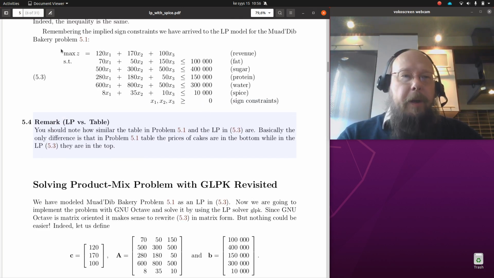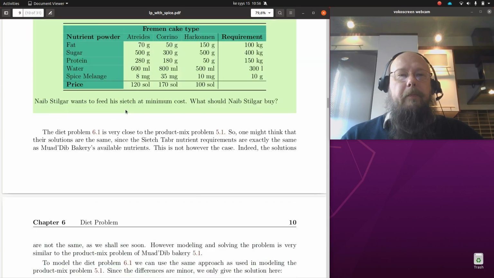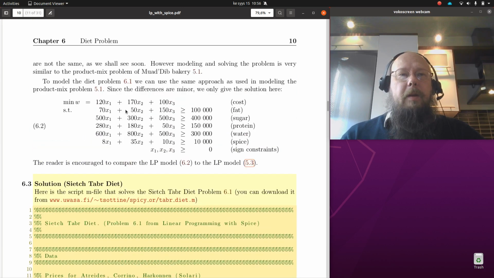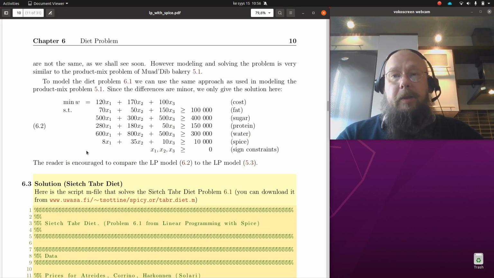And if you compare this LP model to this LP model here, you see that they are almost the same. The difference is that the maximization goes to minimization, and what were lower bounds there are upper bounds here.